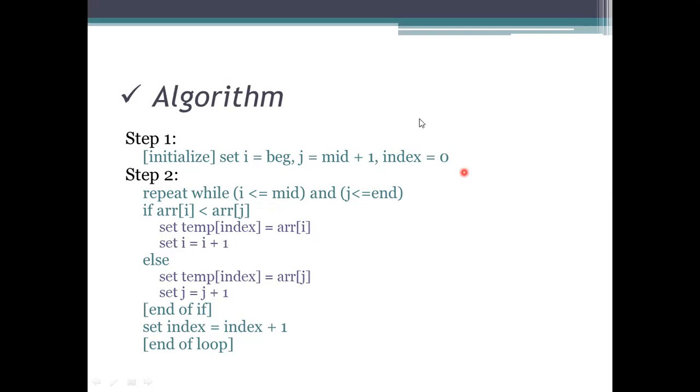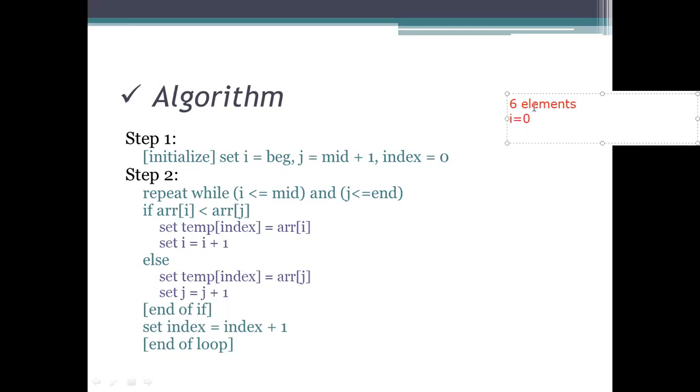Okay. So see here how I am going to take this value. Let the array have 6 elements. Now the i value is the beginning, which means we take the value as 0. For mid plus 1, we need to calculate the mid value.